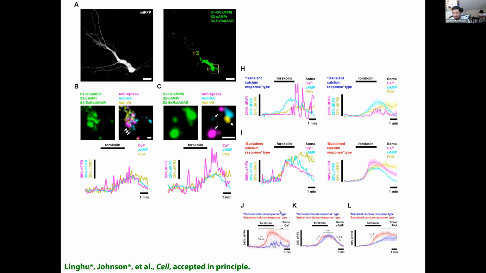Amazingly, we could predict the PKA output from the speed of the calcium response. In panels J, K, and L, you can see how this looks. Neurons with a fast calcium response, shown in red, had a stronger PKA response, shown in panel L. Neurons with delayed and weaker calcium responses, shown in blue, had a weaker PKA response.